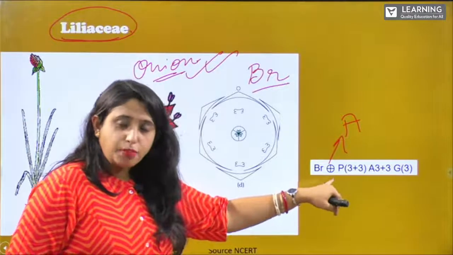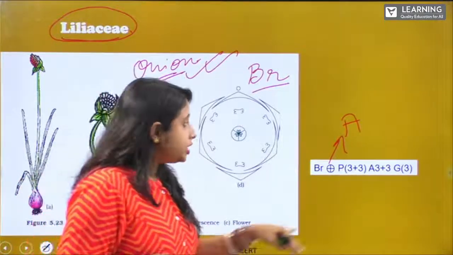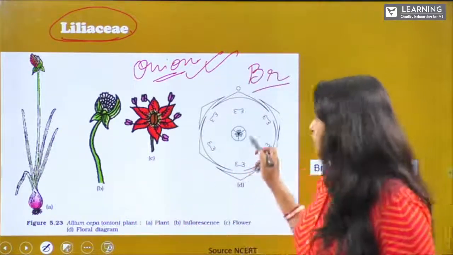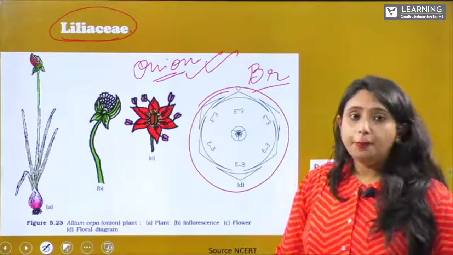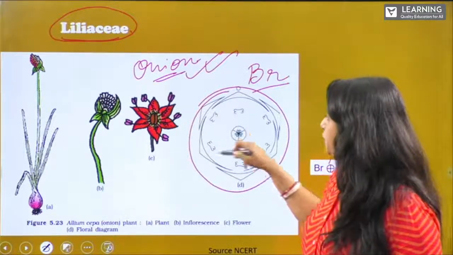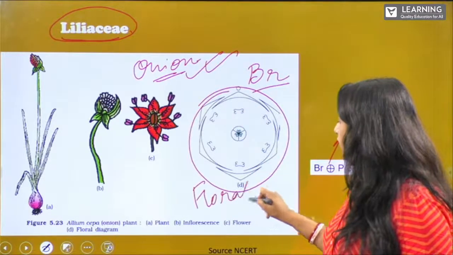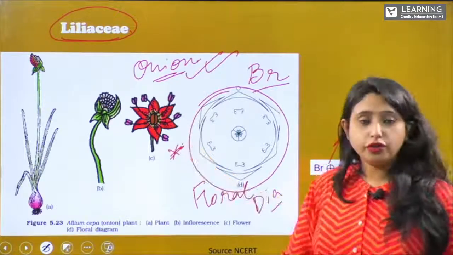Here you will find the perianth, that means your calyx and the corolla will be fused, all right? So this is androecium, and here you will find the gynoecium. So this is how the various floral parts are arranged, and this is your floral diagram. This is also important for your examination.